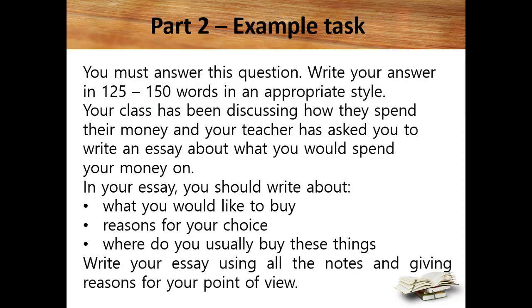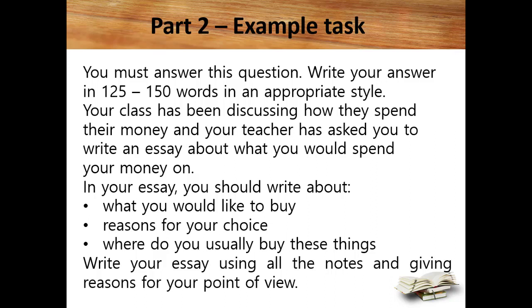So here is an example of a part 2 task. You must answer this question, of course. The question is: write your answer in 125 to 150 words in an appropriate style. Your class has been discussing how they spend their money, and your teacher has asked you to write an essay about what you would spend your money on.